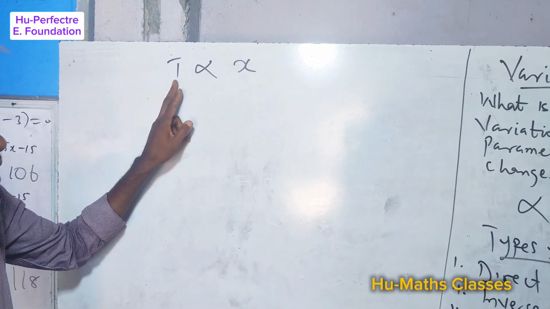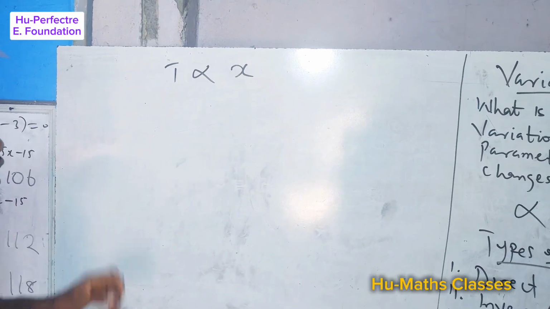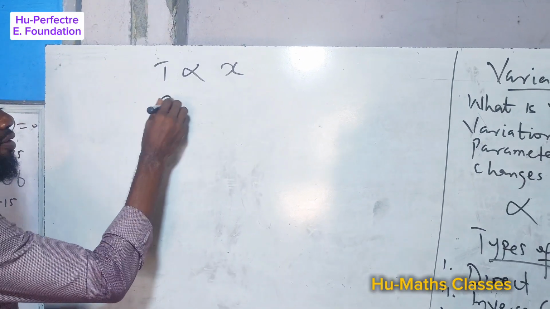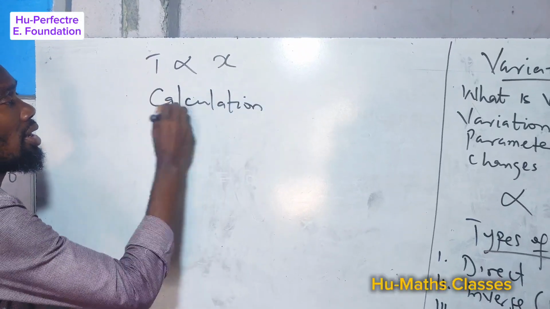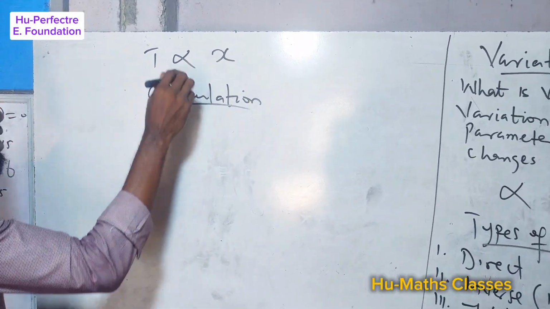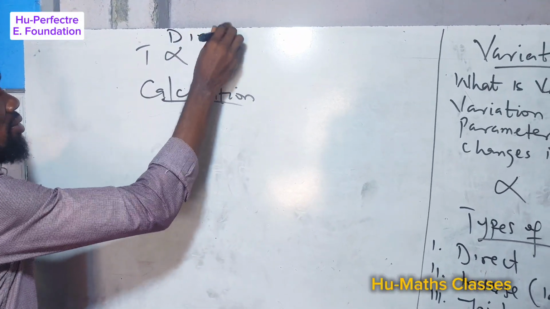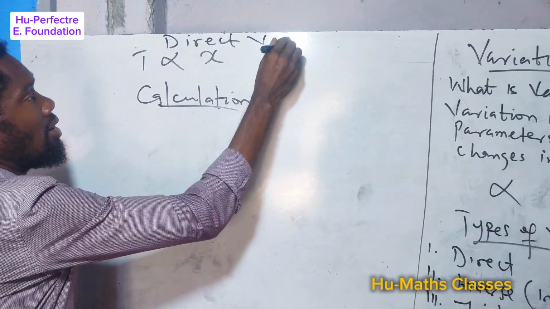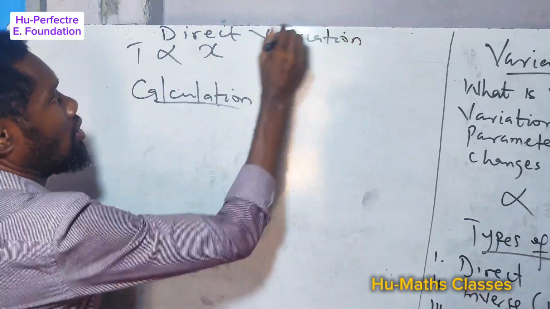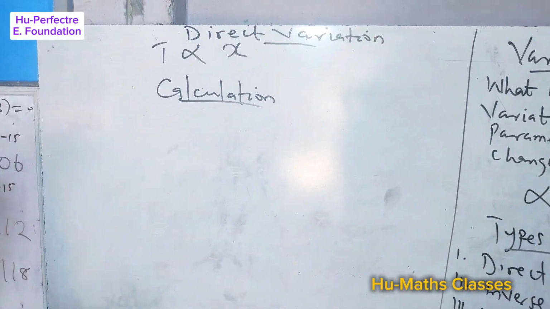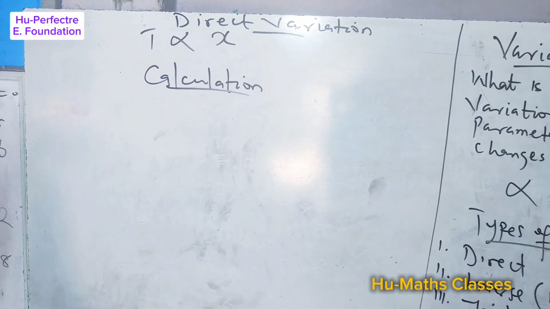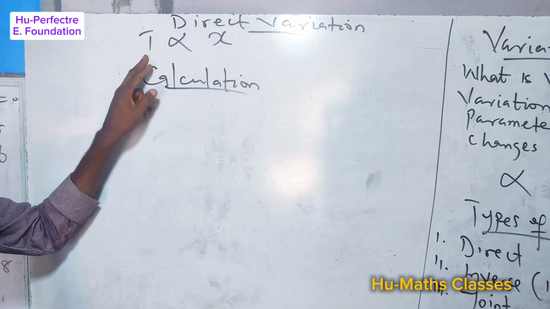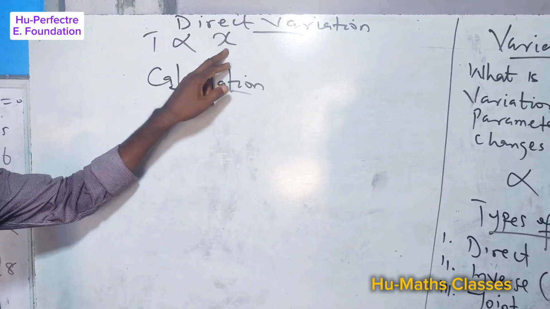For us to solve problems involving direct variation, which is what we are dealing with right now, direct variation being one of the first variations mentioned: we have the direct, the inverse, the joint, and the partial. So this is a direct variation. t varies directly with x.